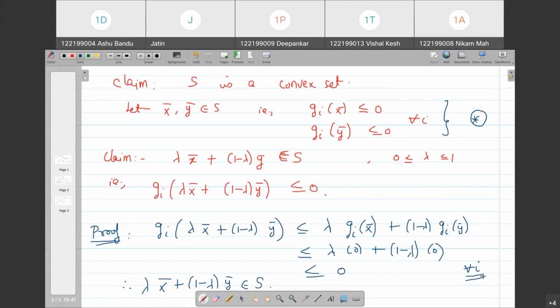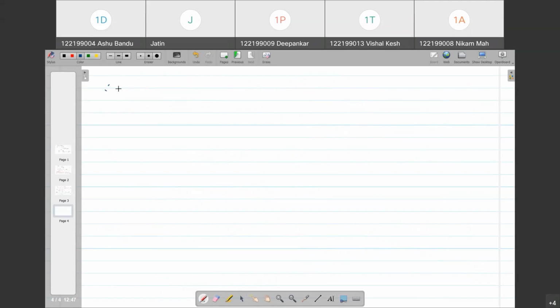So when you have a CPP, CPP means what? Your f is convex, your gi's are convex. So in CPP, the feasible set is always a convex set.